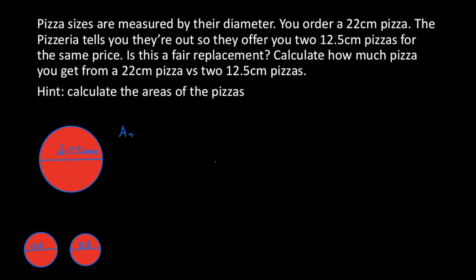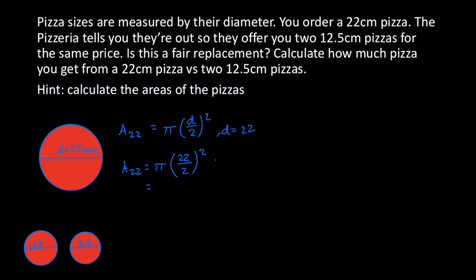So the area of the 22 centimeter pizza is, we have the diameter, so let's use the diameter, pi d over 2 squared. We know that d is 22, so we get pi 22 over 2 squared, which is 484.